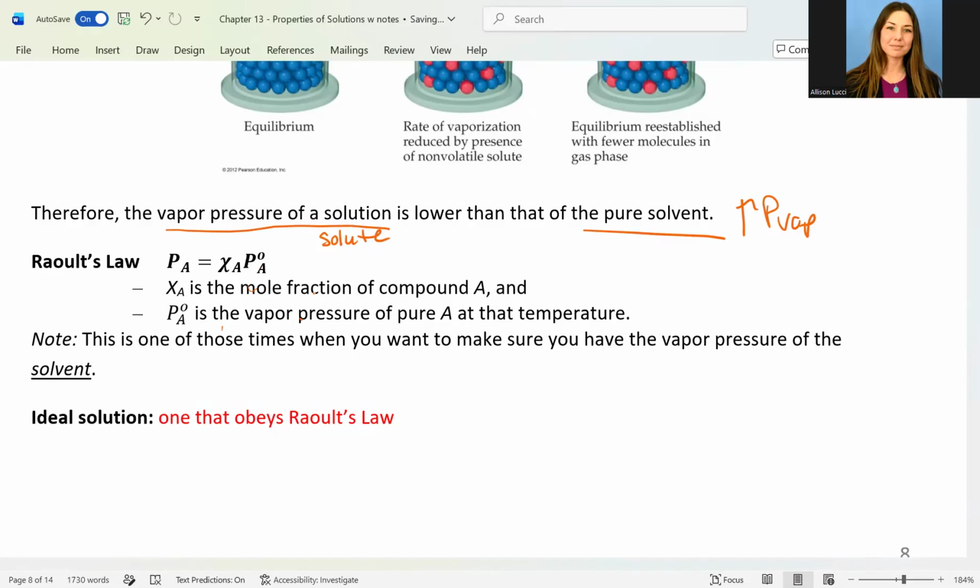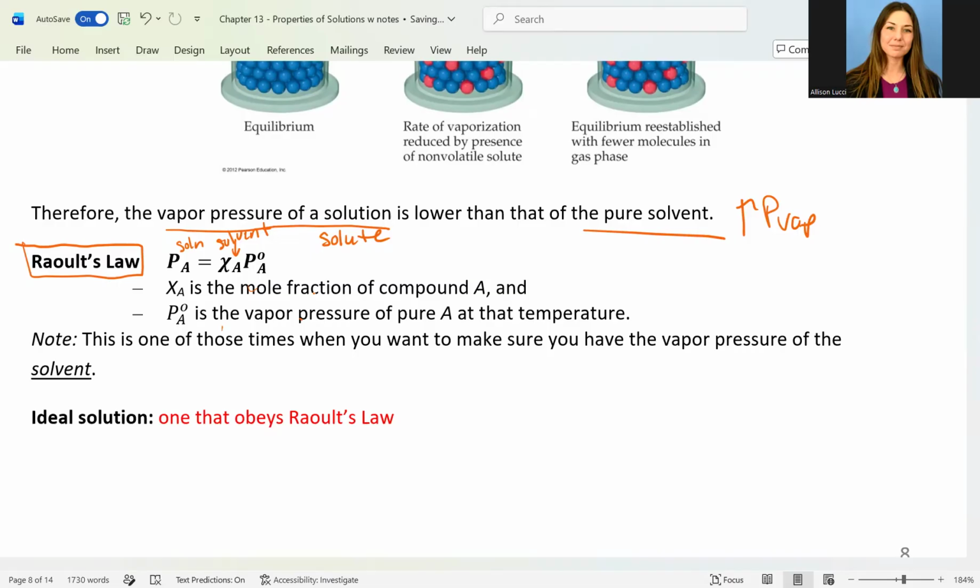And we can use this relationship here defined as Raoult's law, where the pressure of our solution is going to be equal to the mole fraction of our solvent. So this would be the larger fraction. So the solvent is always present in a greater quantity.